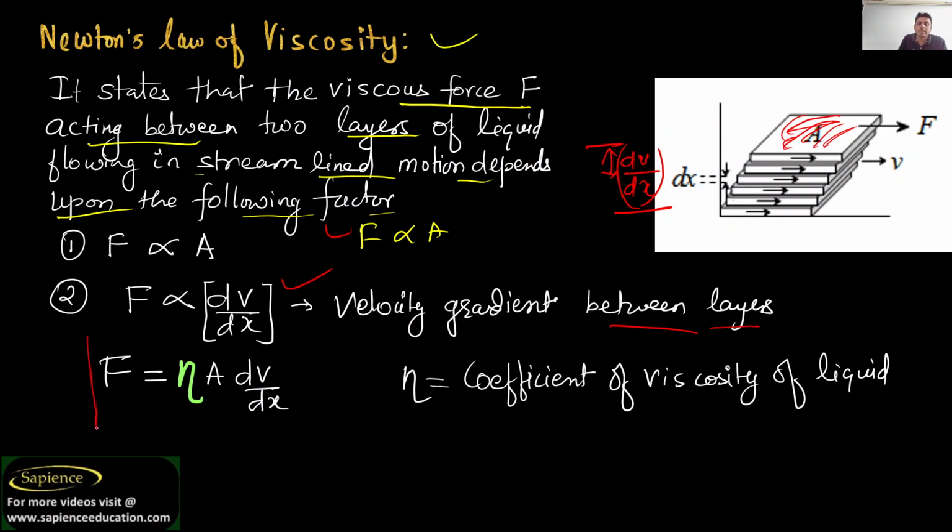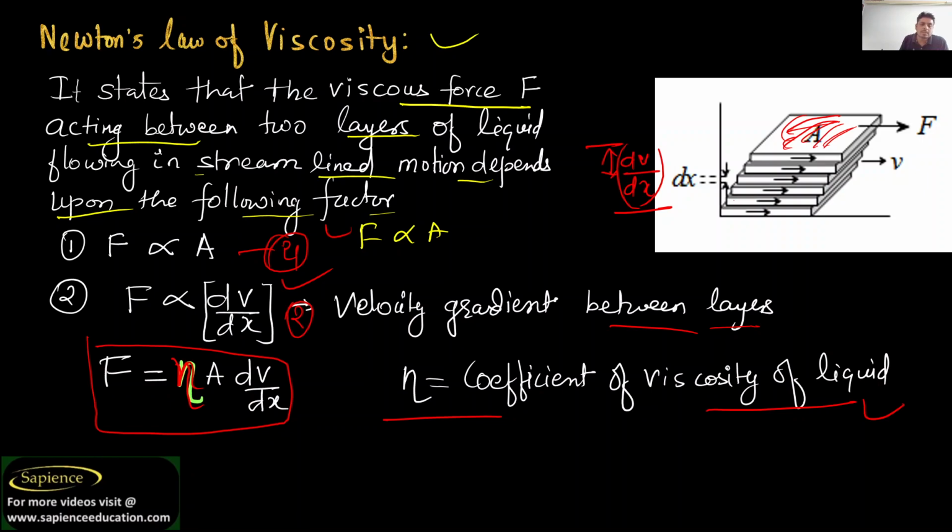When we equate both equation one and equation two, we get a constant, and this constant is known as the coefficient of viscosity. I hope you have understood.